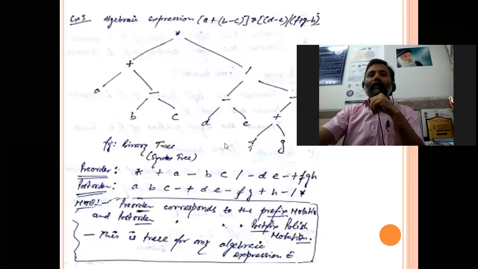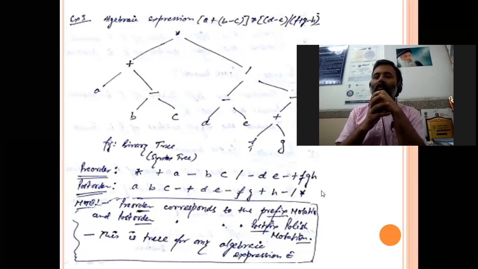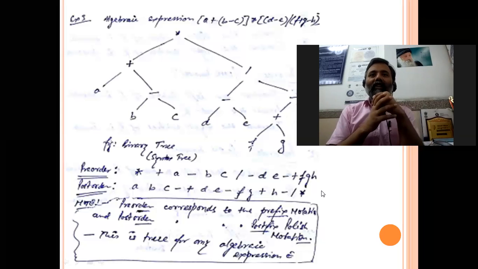You can build a syntax tree in the form of this binary tree and just try to find out the pre-order traversal and post-order traversal, and you will get prefix and postfix equivalent. So this is another way. We have already discussed how we can convert infix to prefix and postfix by using a stack. So by using binary tree also we can convert. So this is a very good example of the use of traversing.